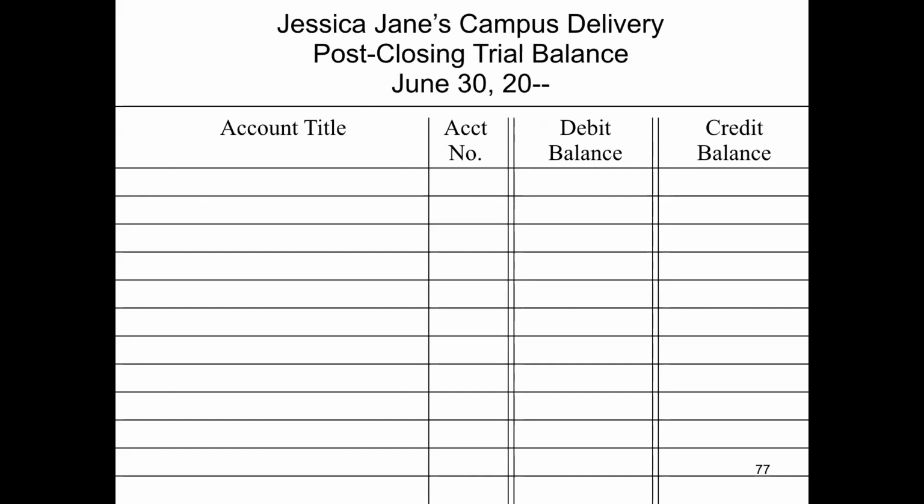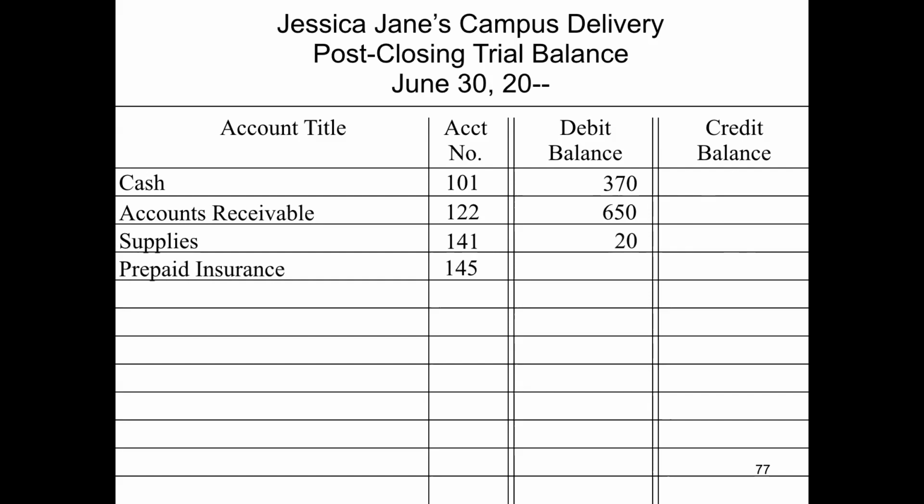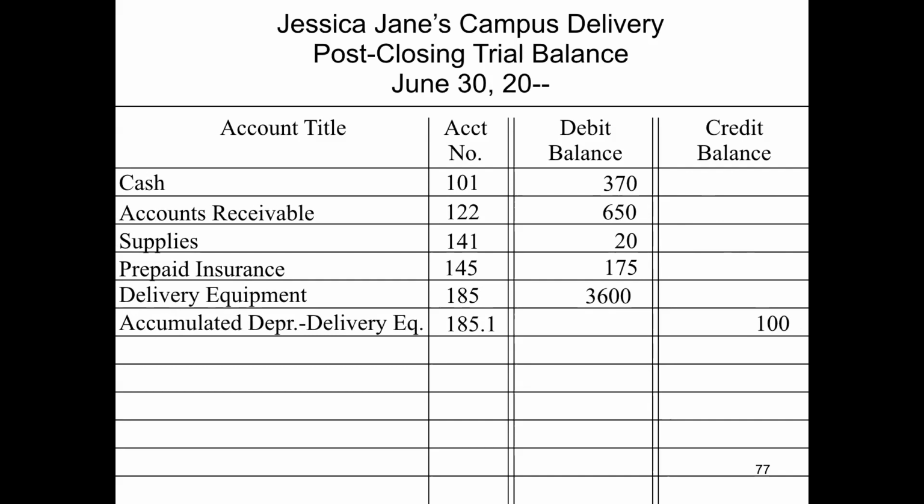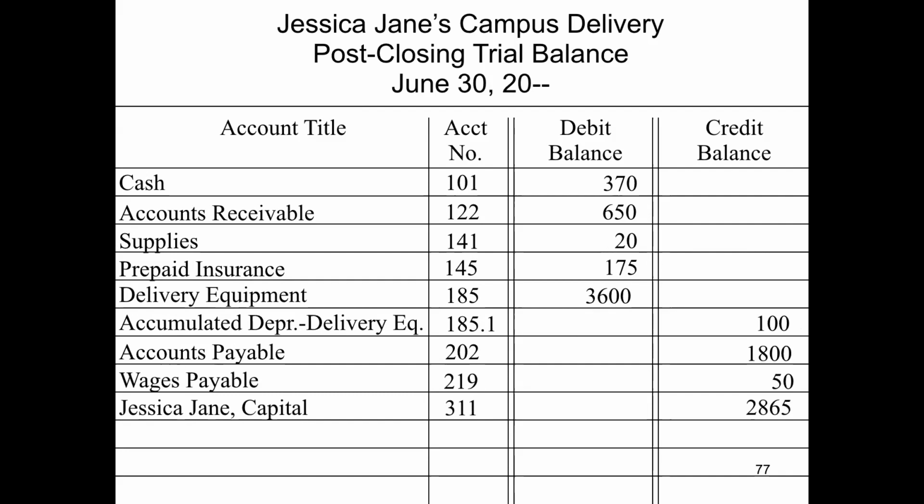For example, this is the post-closing trial balance for Jessica Jane's campus delivery. Cash, accounts receivable, supplies, prepaid insurance, delivery equipment, accumulated depreciation, it's a contra asset, so that's why it's on the credit side. Accounts payable, wages payable, Jessica Jane Capital.